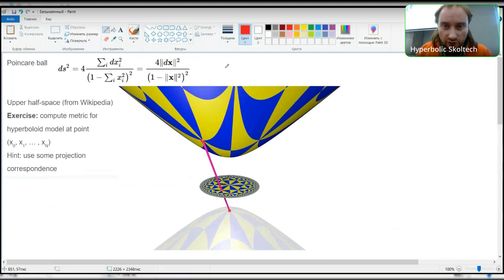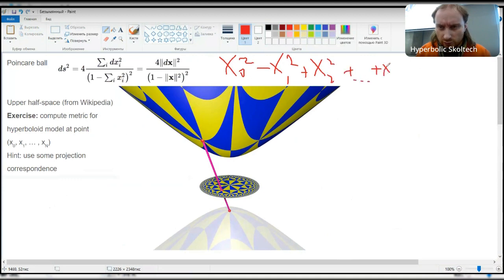This is a hyperboloid given by this equation, and this is the plane given by x0 equals 0.